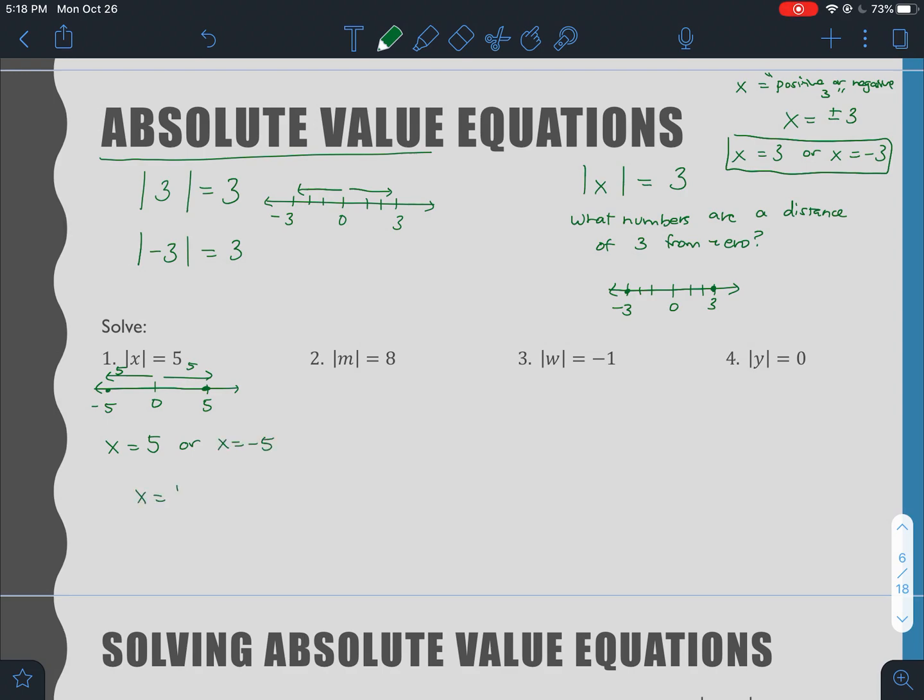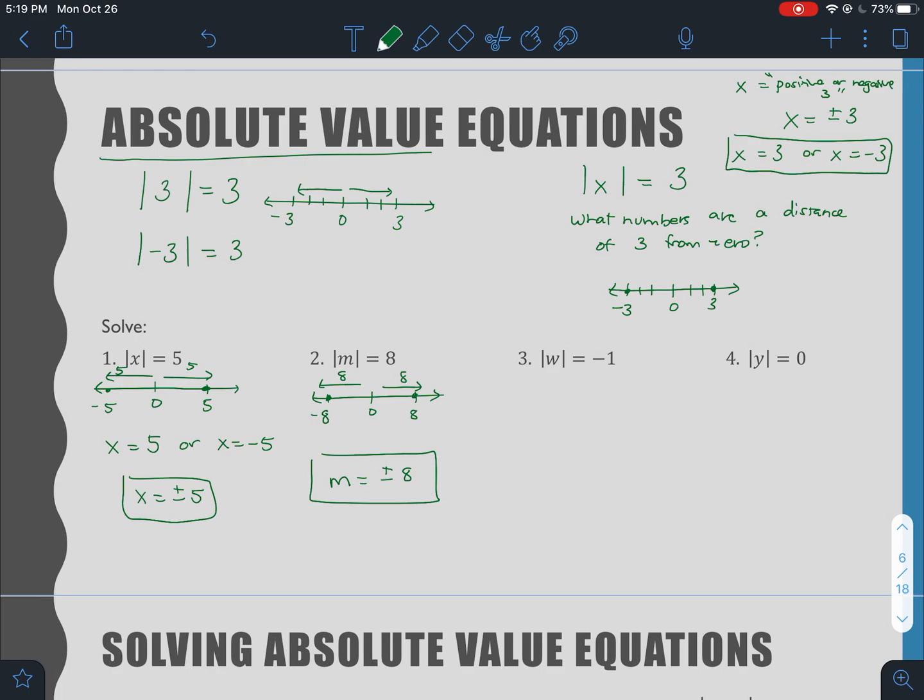Or you could write x equals plus or -5. Either of those will work. If the absolute value of m is equal to 8, then it's saying on a number line, what numbers are 8 away from 0? Well, the two numbers that are 8 away from 0 are -8 and +8. So my two answers are m equals plus or -8.